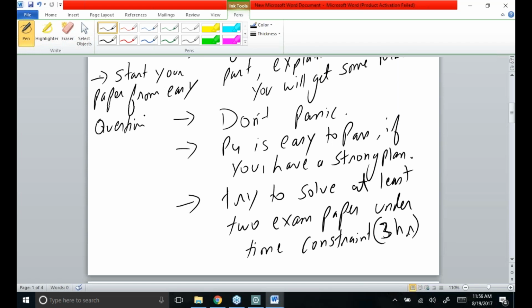Let's suppose there is a question from investment appraisal and you feel confident, try to attempt that question first. Like in the paper which we have discussed, question number 2 is very easy, so try to solve that question first. You will get the confidence, and if you get the confidence, you can easily solve all the remaining questions.